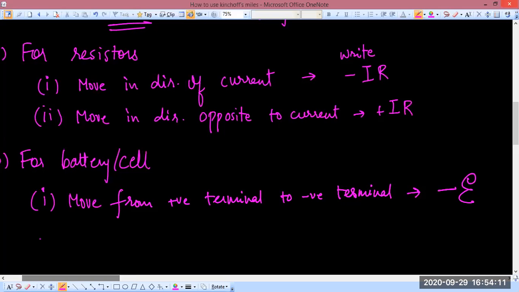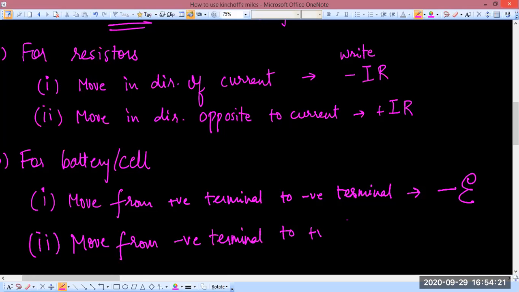Second, opposite of this, if we move from negative terminal to positive terminal, then you write plus epsilon. Okay, so that's the step, right? That's the step. Clear?